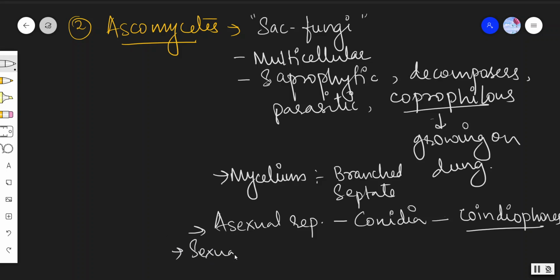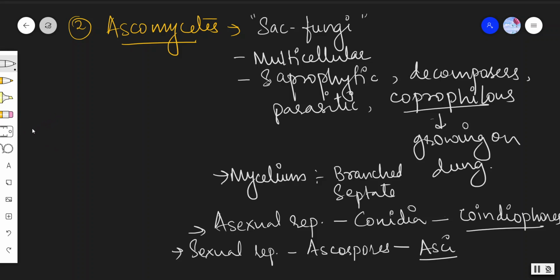Sexual reproduction is through ascospores produced endogenously in sac-like asci, singular ascus.